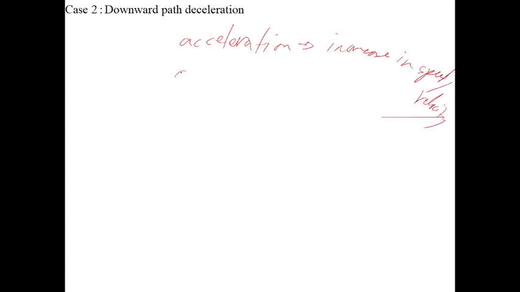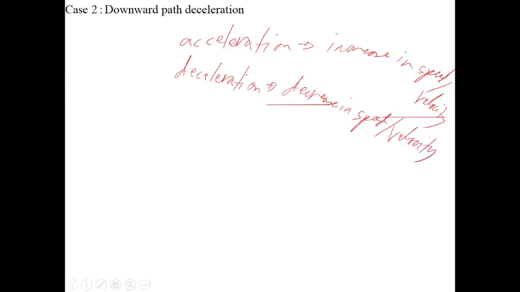Okay, next. This is case 2, downward path deceleration. The difference is that when we say acceleration, there is an increase in speed or velocity. When we say deceleration, it is the opposite: there is a decrease in speed or velocity.